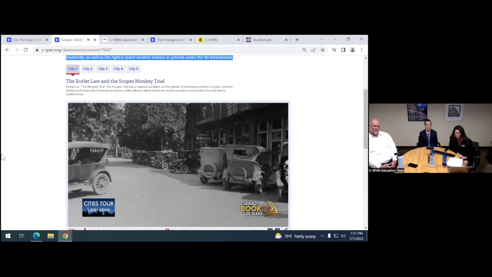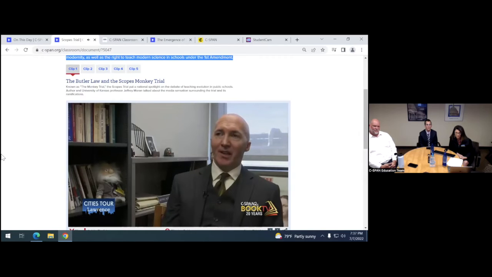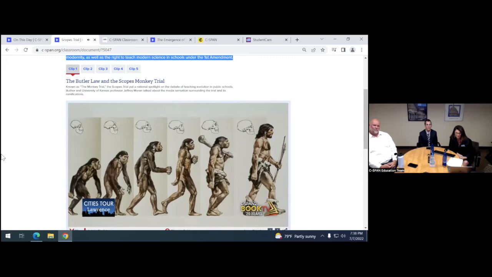But what Dayton had that a lot of other towns didn't have at this time was a small group of boosters who thought once the state legislature had passed the Butler Law, which is debated over the provisions, but basically it was illegal for any teacher in the public schools or publicly funded schools in Tennessee to teach any theory that man is descended from animals and that contradicts the divine story of creation as noted in the Bible.